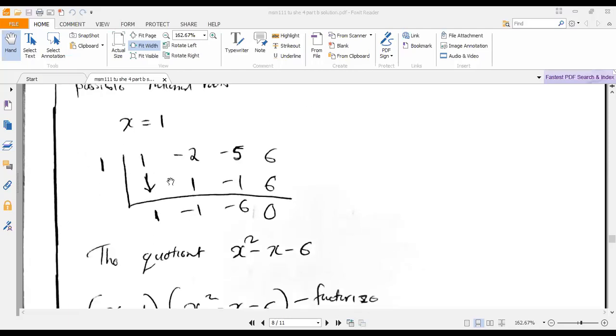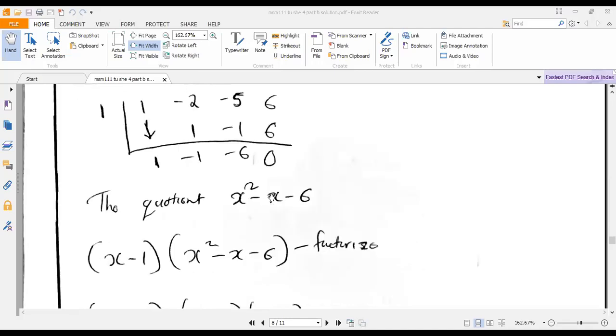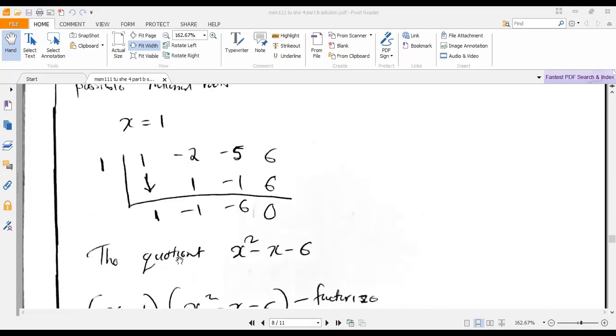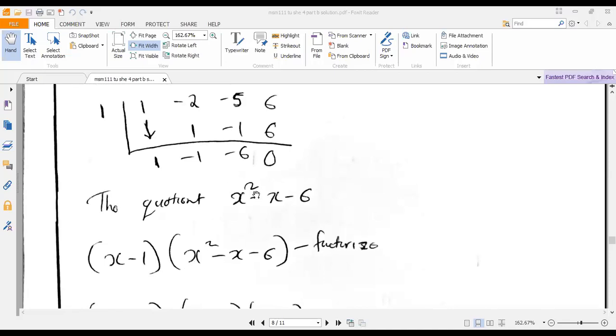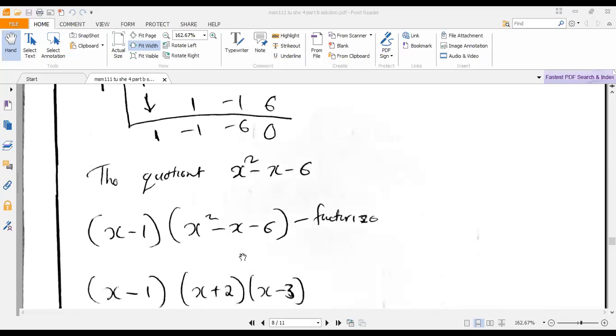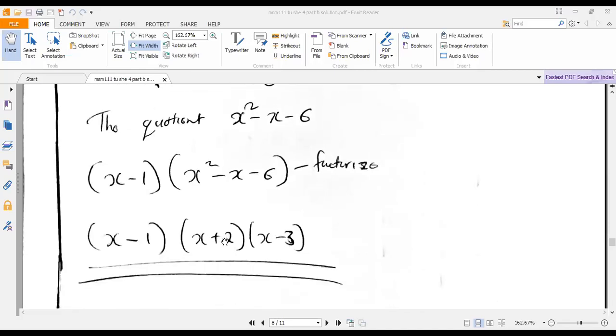Having done the synthetic division with x equal to 1, we have this quadratic. So it will be x minus 1 times the same quadratic we found here. Then we factorize it again, and we get x plus 2 times x minus 3.